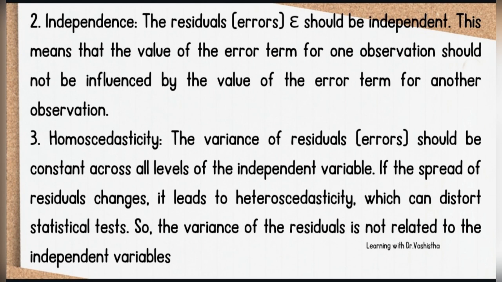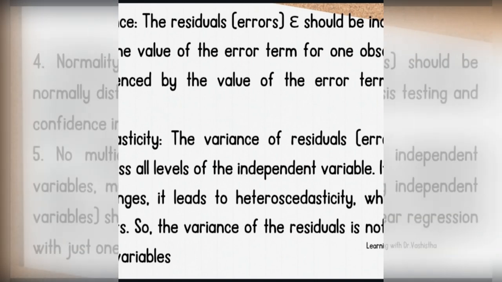Then comes the assumption of homoscedasticity, which says that the variance of the residuals or the error term should be constant across all levels of the independent variable. If the spread of residuals changes, it leads to heteroscedasticity. So the variance of the residual is not related to the independent variable.